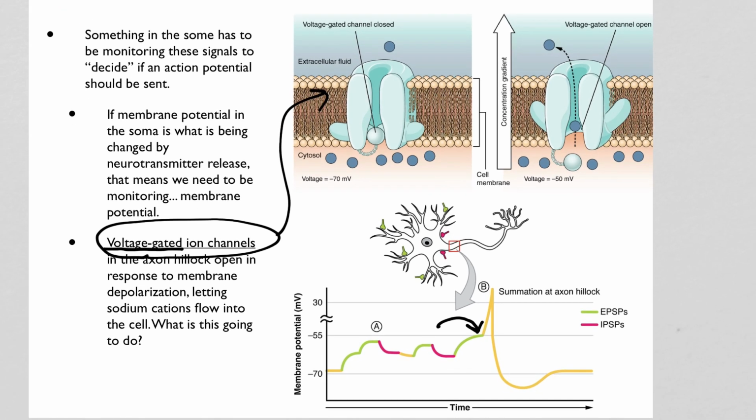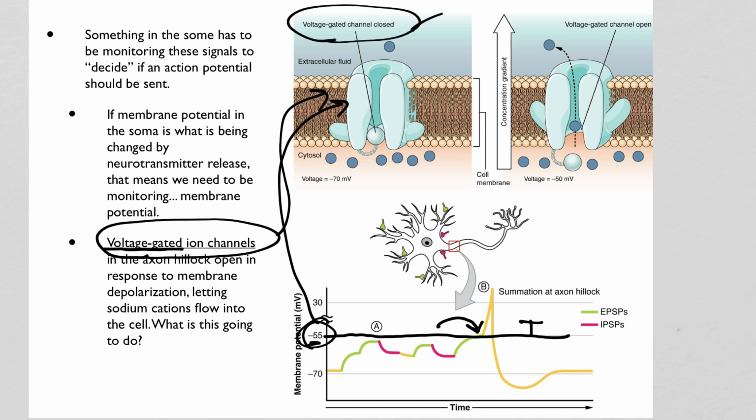And remember, your threshold line, that's this guy, threshold is measured in millivolts. And so this number, negative 55 millivolts, that's just the amount of voltage or electricity that you need to make this voltage-gated ion channel go from closed to open, right? So anywhere below this threshold line down here, this voltage-gated sodium channel was closed.